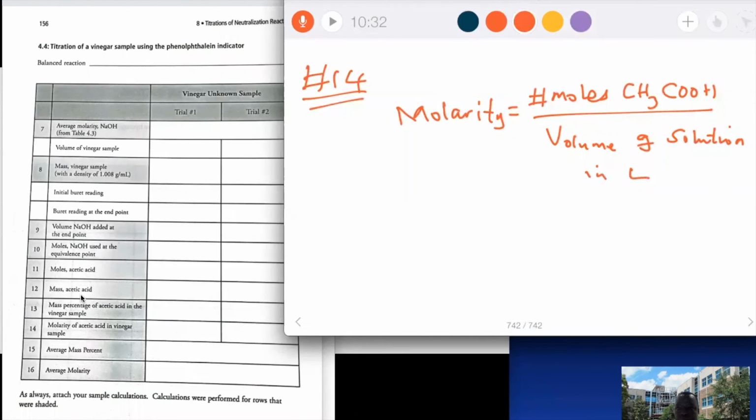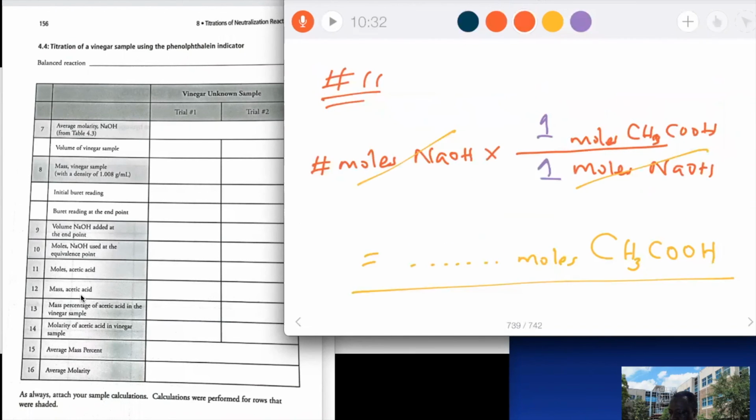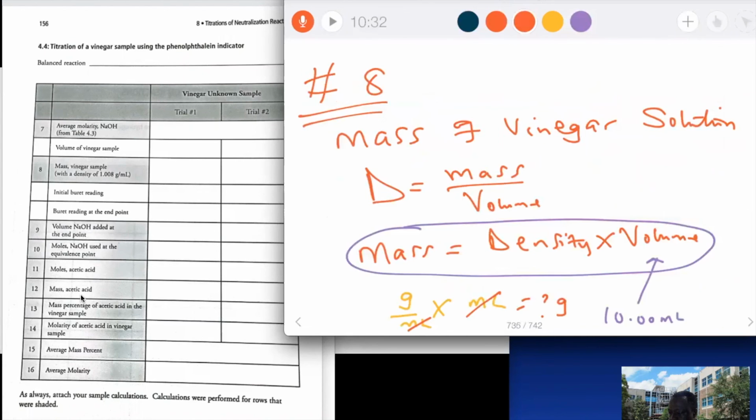Recall the volume we use. This is the volume used in titration right here.